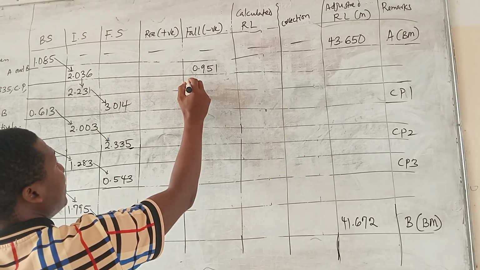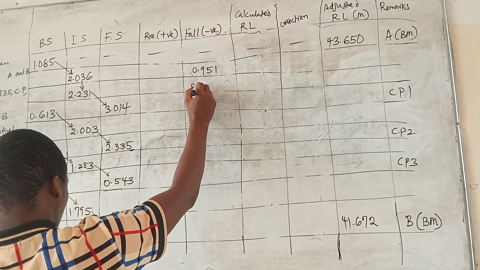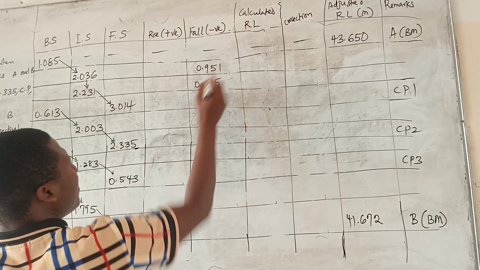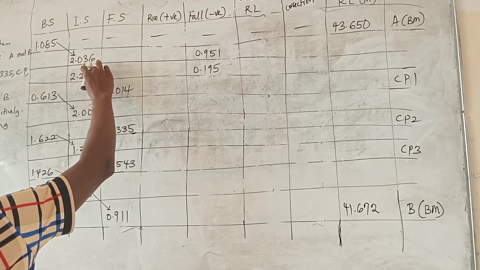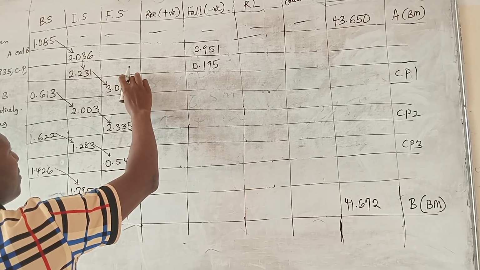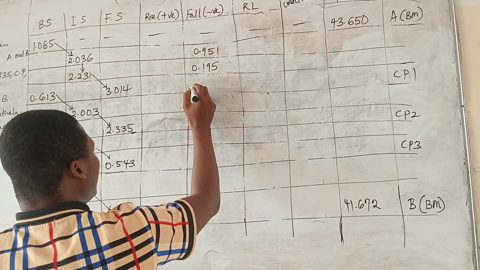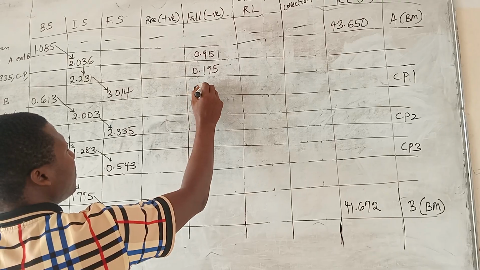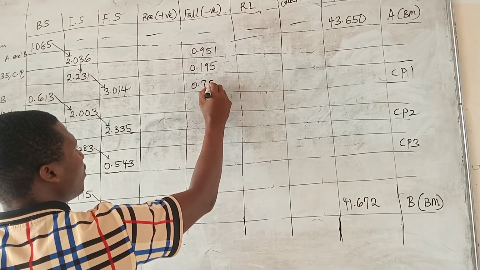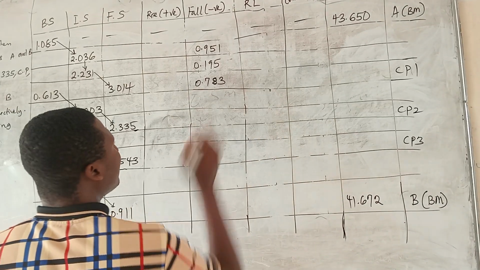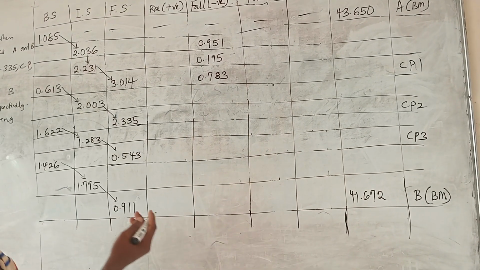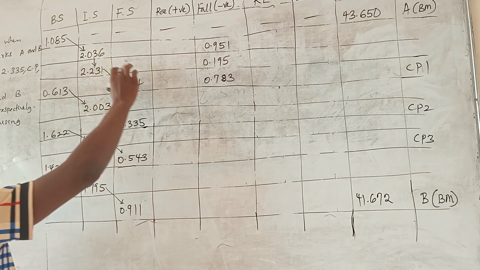This one is also negative, which is 0.195. Also, 2.231 minus 3.014. This one also is negative, so we write it under fall, and that is 0.783. Then you are done with this first setup.